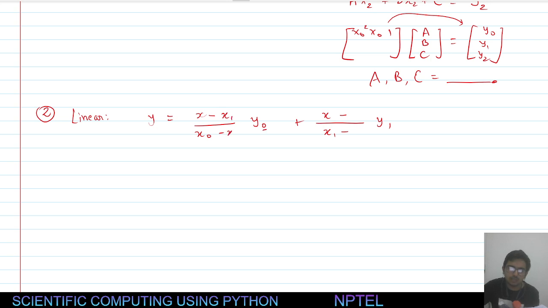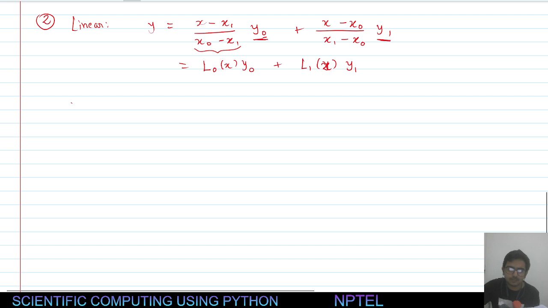So x1, and this will be x0, x0. Okay. And you call this the Lagrangian coefficient or multiplier. So you say this is L0 of x, y0 plus L1 of x, y1. So now we have some coefficients and these are like your basis vectors.